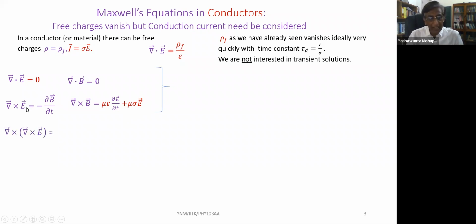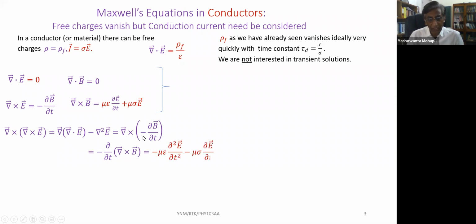And then the solution looks pretty similar. We can again take the curl of any of these equations, and we will find exactly the same thing that we did. This will go to 0, and we will get del by del t of del cross B. Now, there will be two terms.